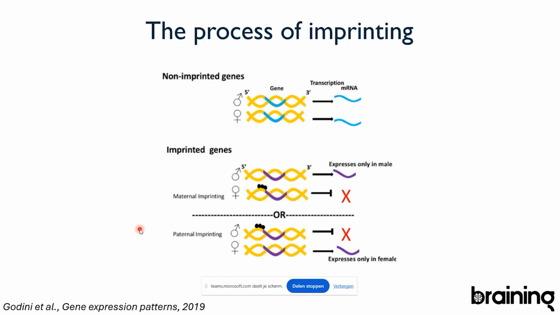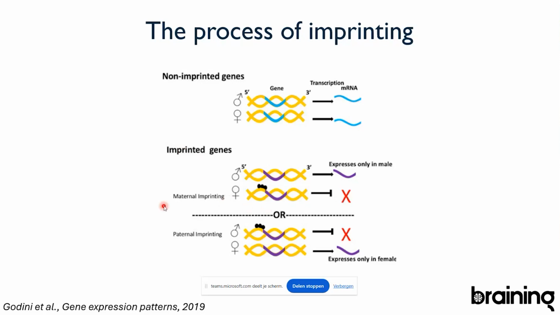And imprinting disorders, or imprinting as a biological process, I'm not sure that you've heard of it, but I might think yes. So basically, you know, for all the autosomal chromosomes, you have 2 alleles. You have 2 copies of the same gene. And in most of the cases, both of those alleles are used for transcription and expression of your mRNA, right? However, there are some exceptions. And those exceptions are imprinted genes. That means that the genes on one of the chromosomes, either the paternal one or the maternal one, will be inactivated.